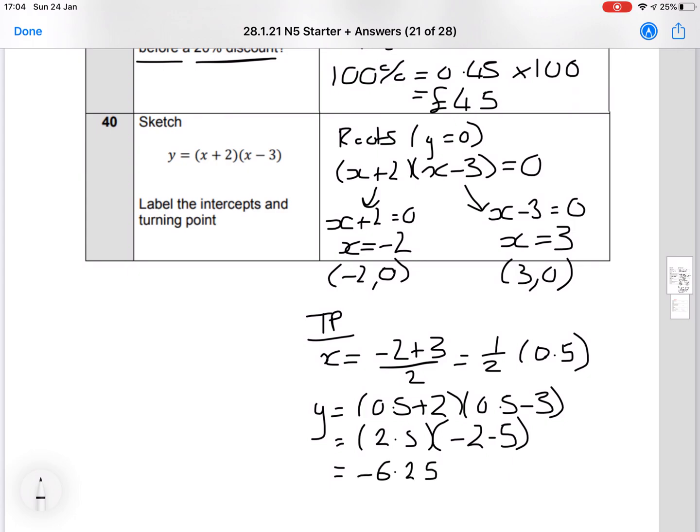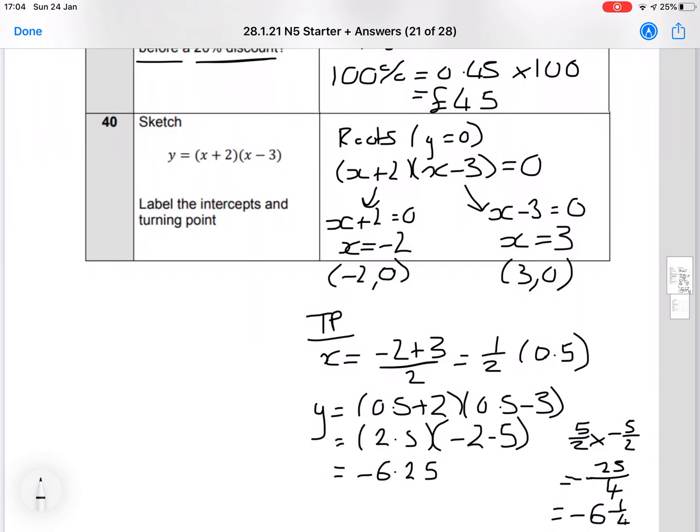You could also do that as fractions. So you would have 5 over 2 times minus 5 over 2, which would give you minus 25 over 4. And then you could write that as minus 6 1/4. However you prefer to work is fine.